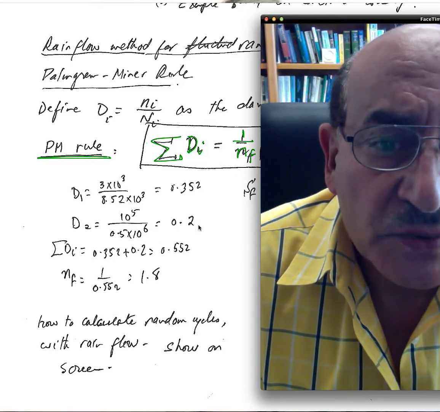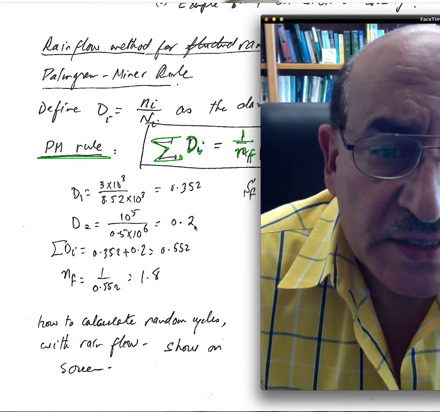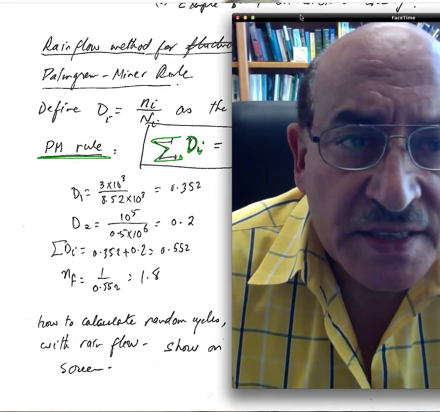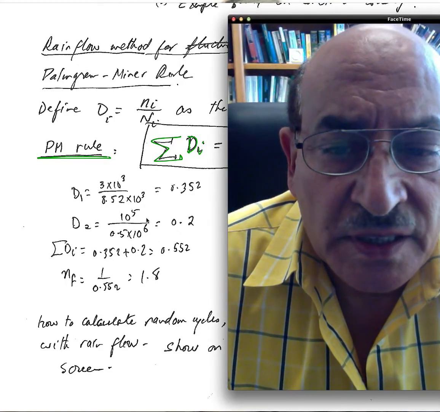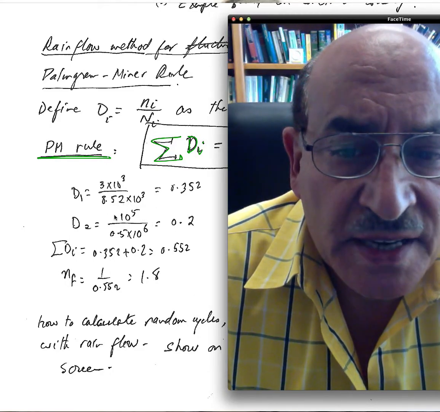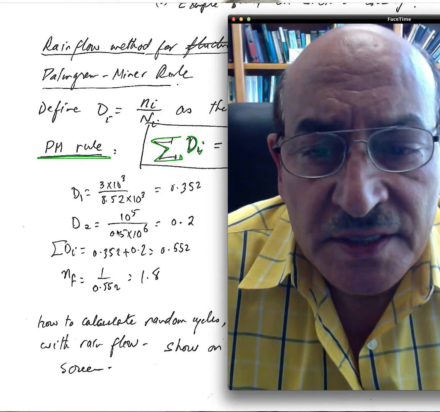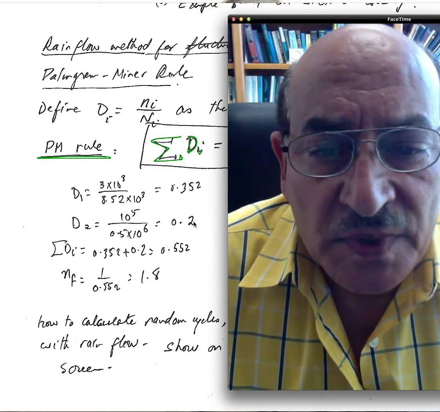And then we added to this another amplitude that is lower, and this amplitude was applied for 100,000 cycles, and we allowed 500,000 cycles in this case. So the damage accumulated is 0.2.